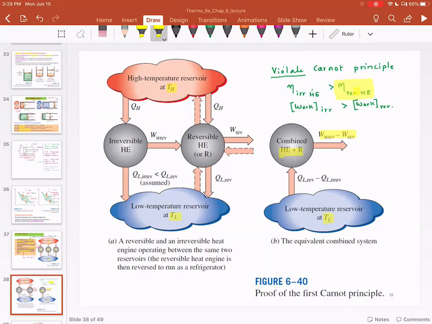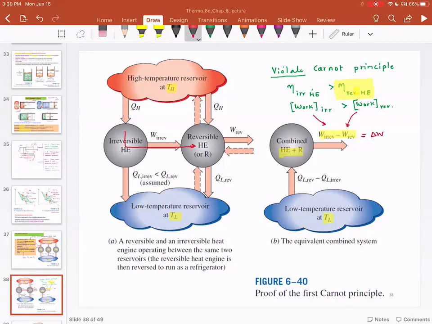In that case, the output of the irreversible engine can be fed to the reversible refrigerator. And check this out, the irreversible work is greater than the reversible work, so I'm going to have some positive work out, and this clearly eliminates the need for the high temperature reservoir.